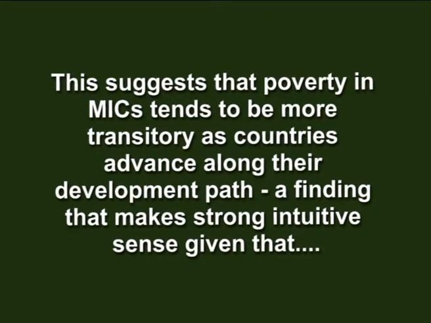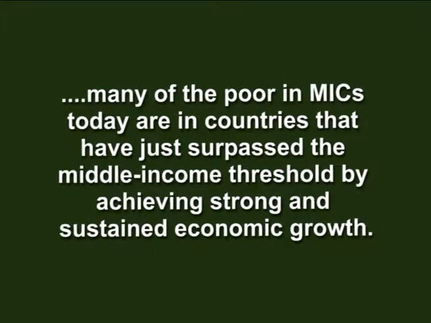This suggests that the poverty in middle income countries tends to be more transitory as countries advance along their development path. A finding that makes strong intuitive sense, given that many of the poor in middle income countries today are in countries that have just surpassed the middle income threshold by achieving strong and sustained economic growth.